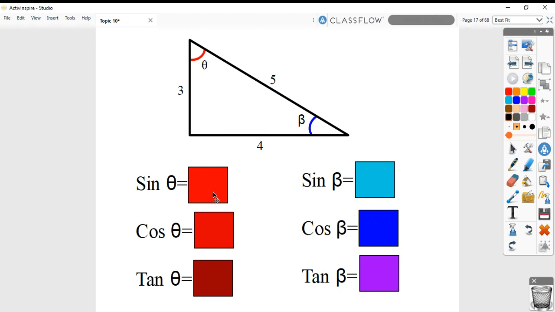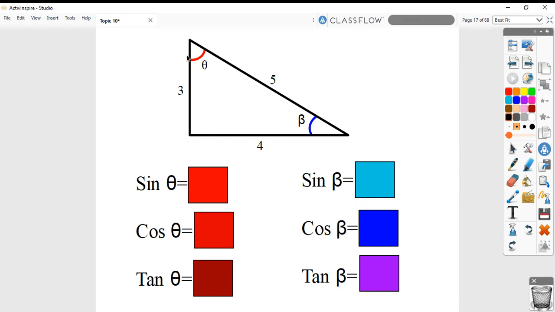So we're going to do all of the trig ratios for both of these. When we look at theta, you need to figure out which leg is the opposite side and which leg is the adjacent side. Theta is touching the side that's 3 units long, so that one is our adjacent side.